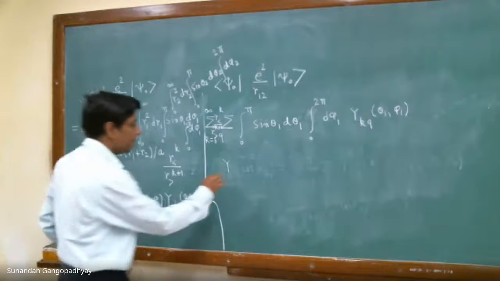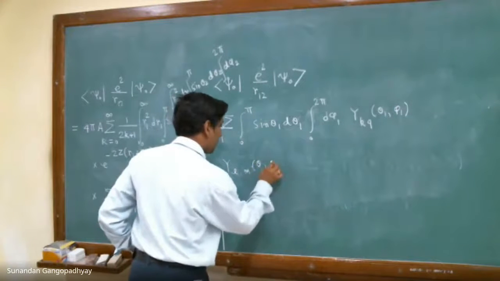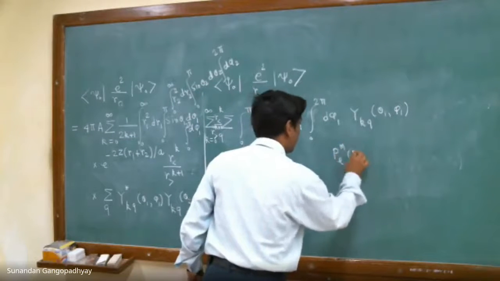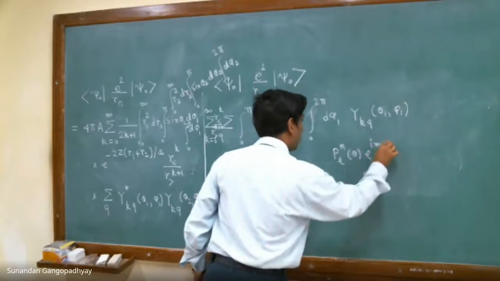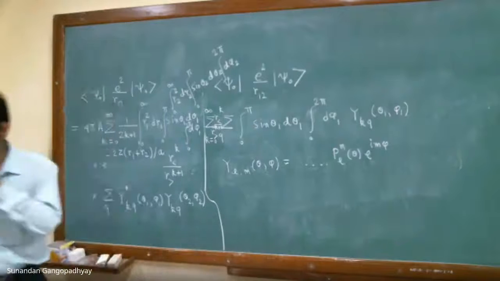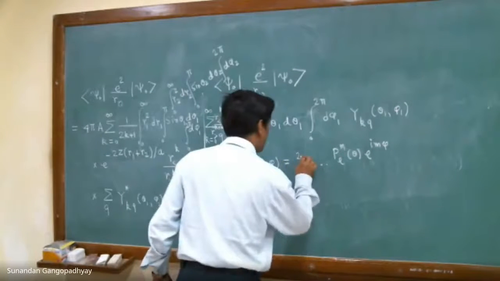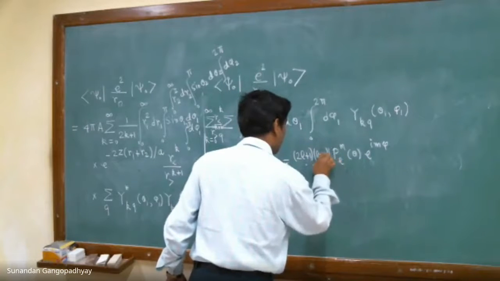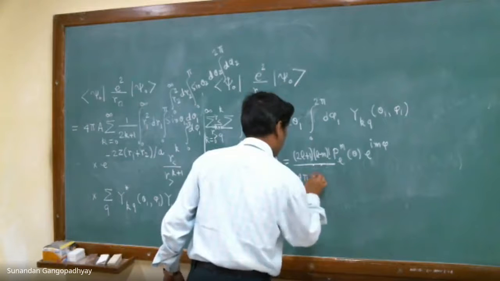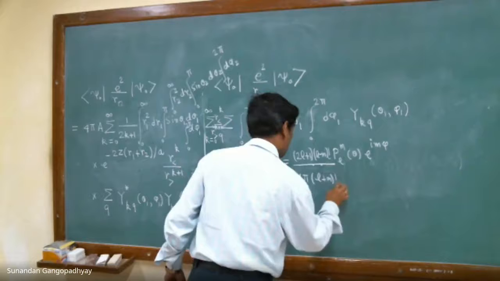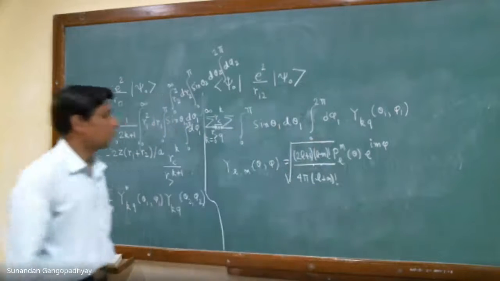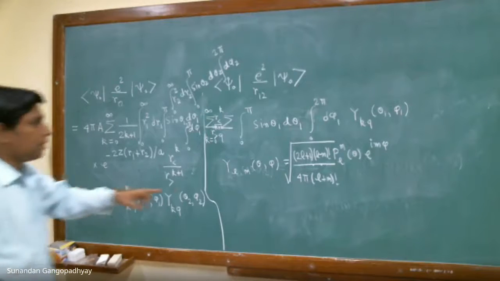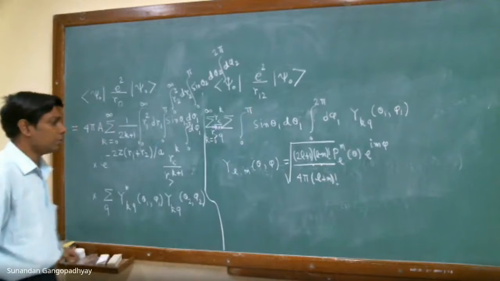The spherical harmonics Y_lm(θ, φ), apart from some constant, is P_lm(θ) e to the power of imφ, and the value of this constant is the square root of (2l plus 1)(l minus m)! by 4π(l plus m)!. So this is the relation between the spherical harmonics and the associated Legendre polynomials. So these P_lm are the associated Legendre polynomials.